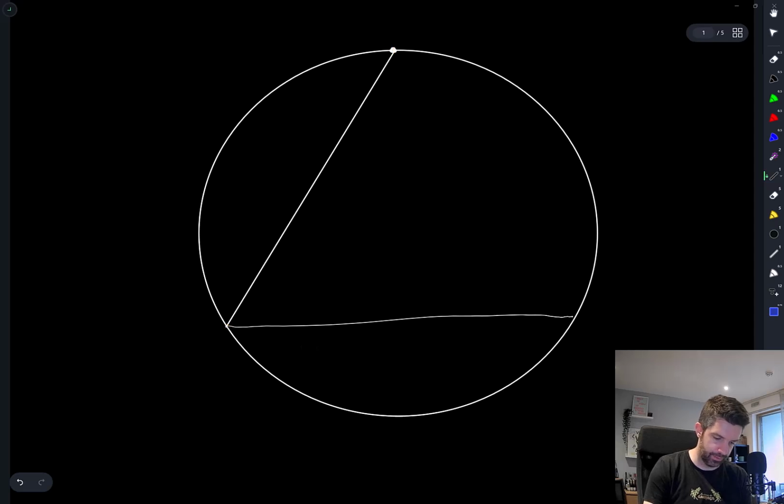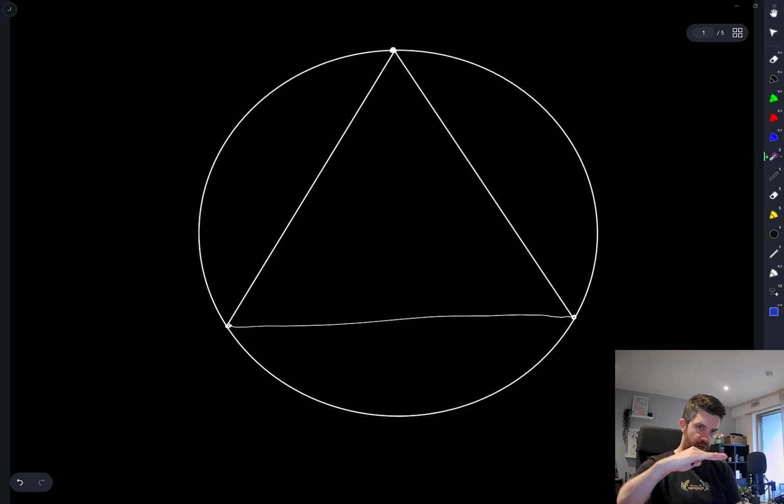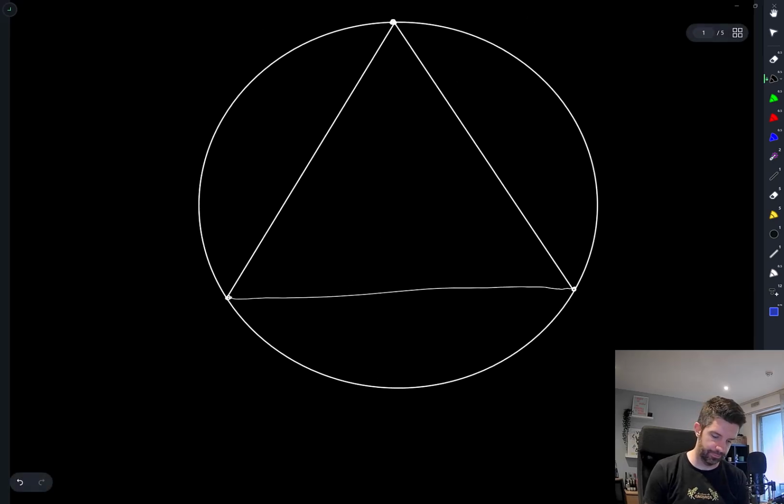If I connect this vertex at the top to all 4 vertices down in the square, those give triangular faces. But we're looking straight on at something where, if I could rotate this towards me, I would see a square down at the bottom. The base has a side length of 6. Let's call this S.